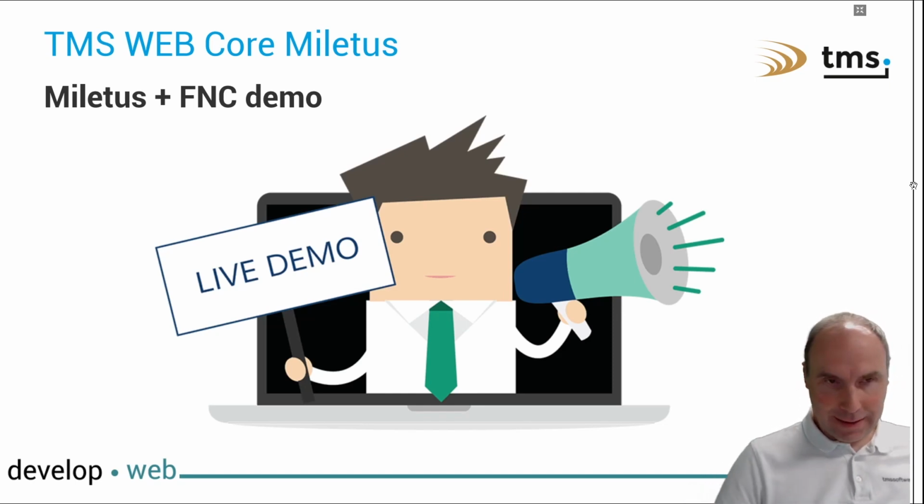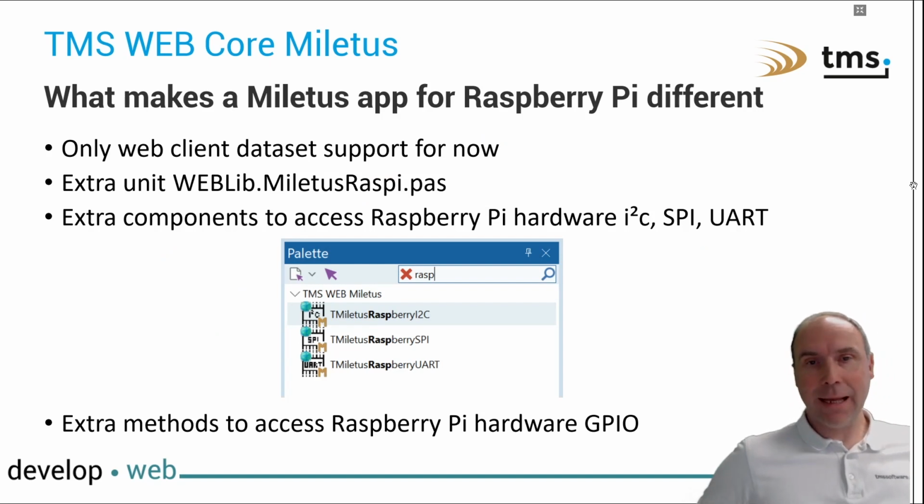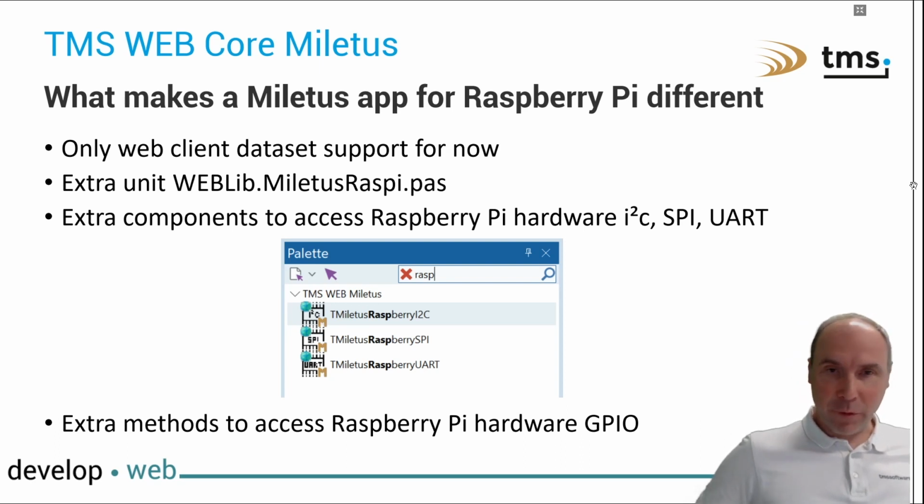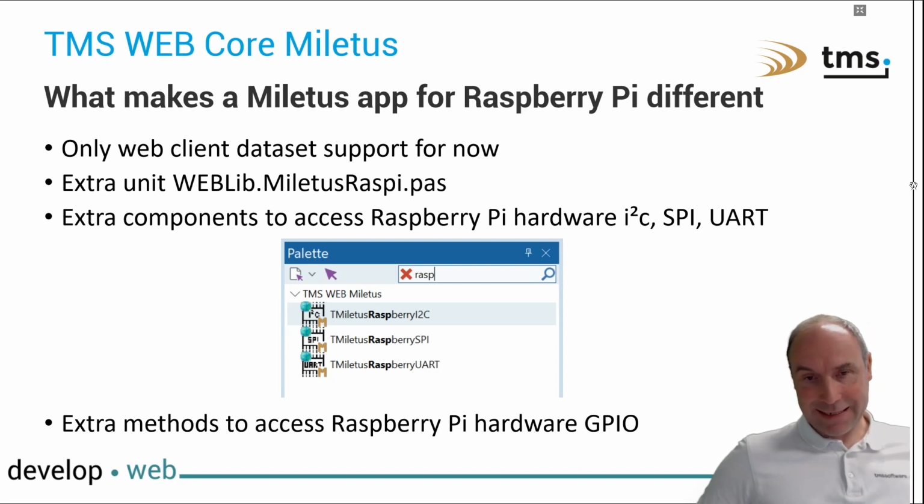Now let's have a look at what makes the Raspberry Pi target a little bit different from the other native operating systems that you can target Miletus applications for. So what makes a Raspberry Pi different? I think this is in the first place, of course, all kinds of electronics accessories that you can attach to the Raspberry Pi. And the Raspberry Pi actually only becomes interesting when you start playing with these electronics accessories connected to it.